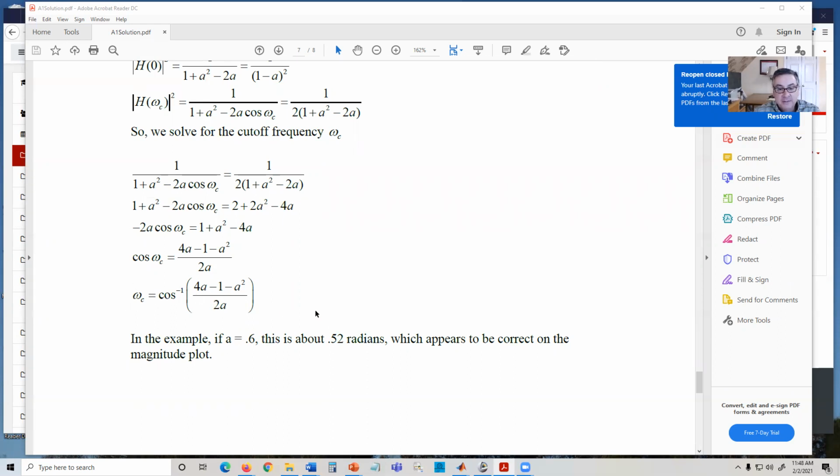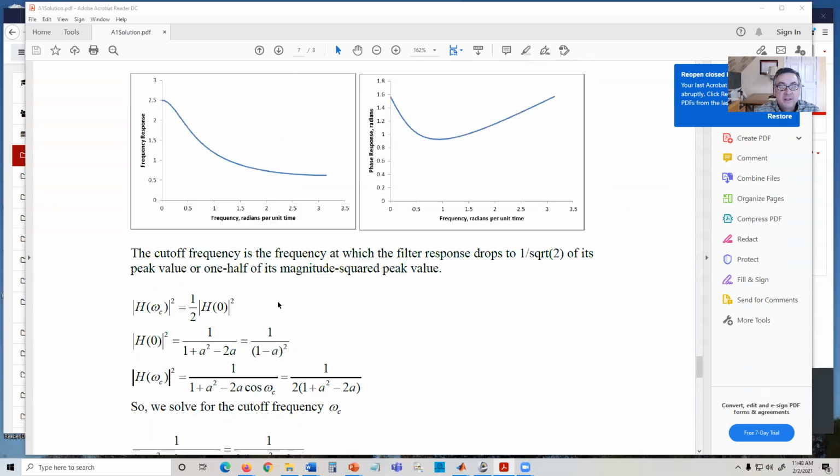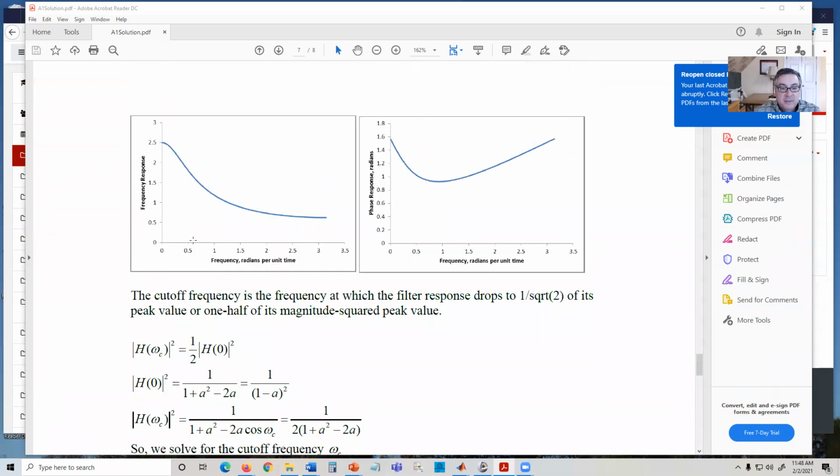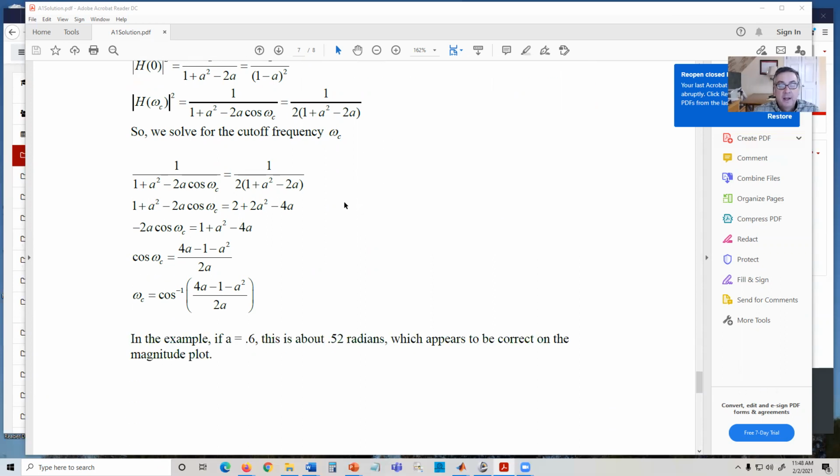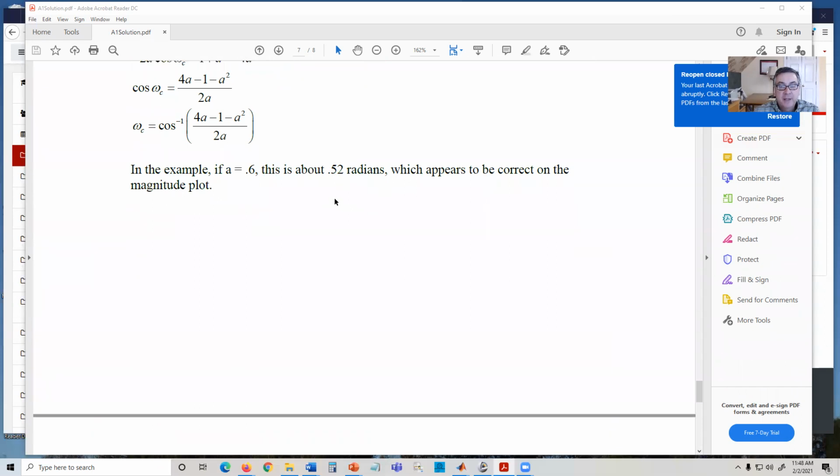Notice this will be in radian frequency, radians per unit time. So that's about here, which we'll accept as being approximately correct. Remember it's 1/2 for magnitude squared, or 1/√2 if you're just using magnitude. 3 dB kind of thing. So that's what we get there.